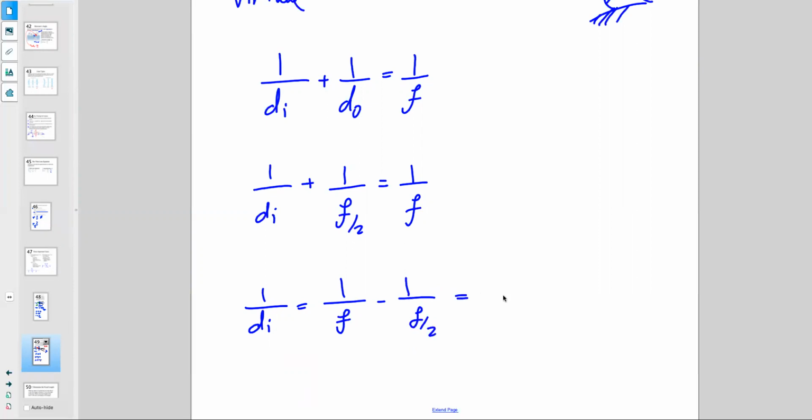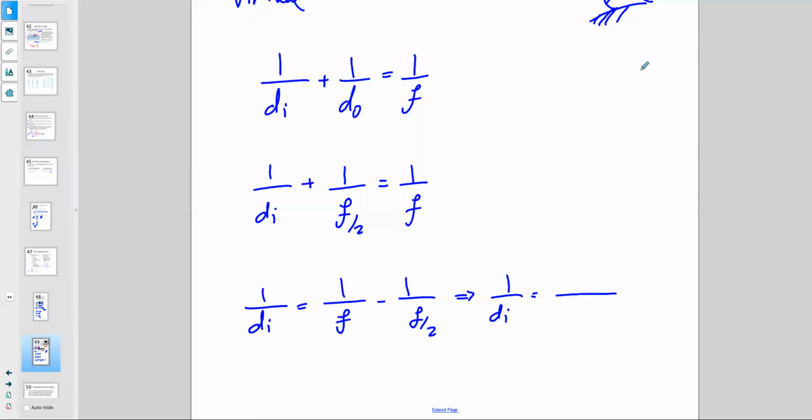So, which means 1 over di is, let's see, this is a virtual image, right?